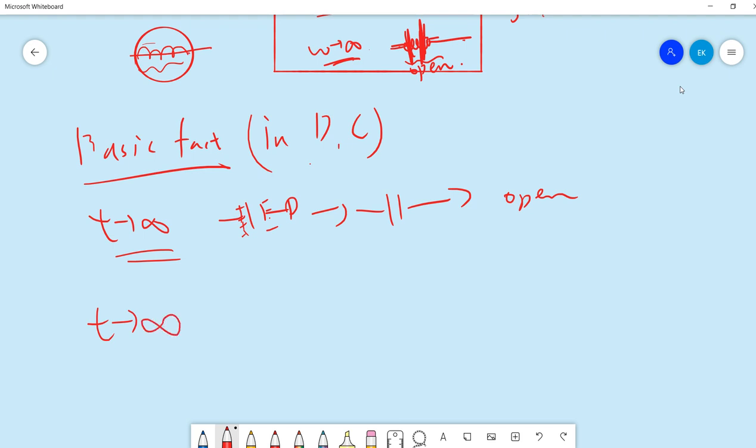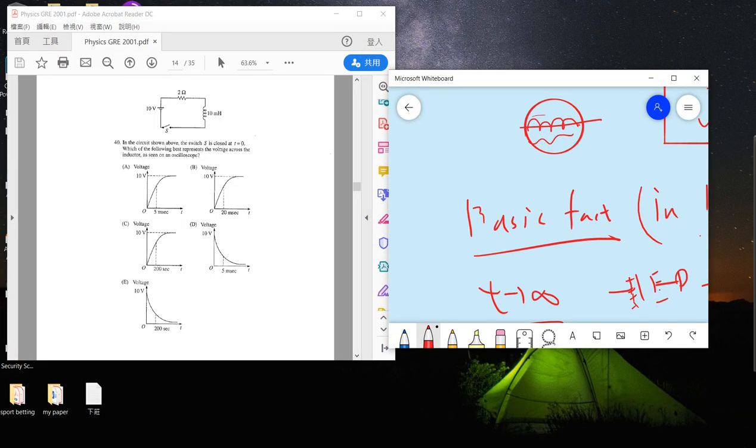And when t goes to infinity, the inductor will become short. So finally there will be no voltage across the inductor. So the answer is D or E.